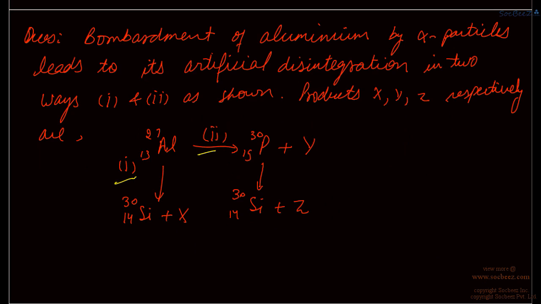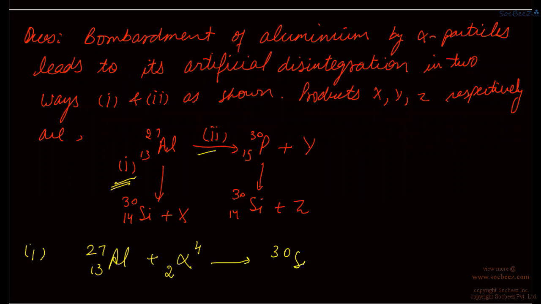Okay, so when the first reaction is taking place, aluminium 27 Al 13 is bombarded with an alpha particle which has atomic mass 4 and atomic number 2.